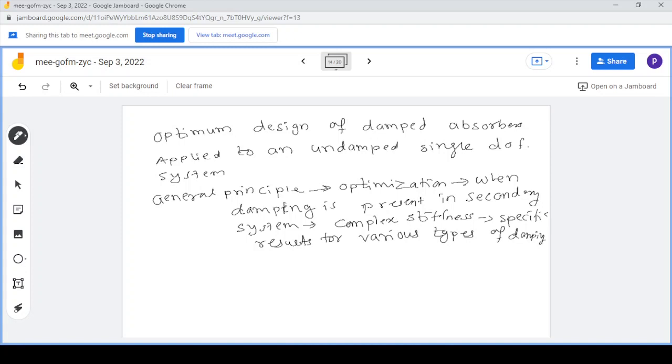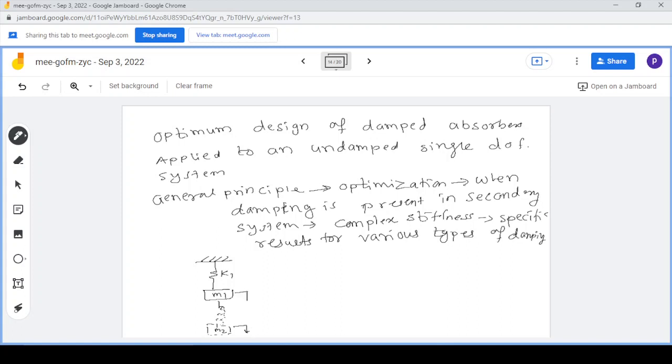So let us consider what we are going to study here. It is fixed K1, this is M1, right? Then I have shown this with a dotted line. There is a specific reason behind the dotted line.